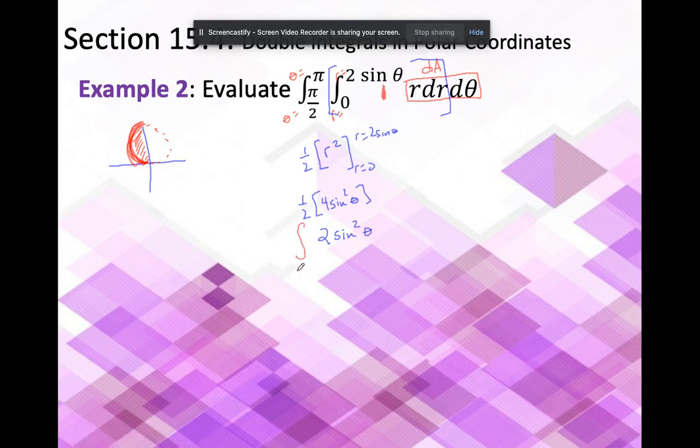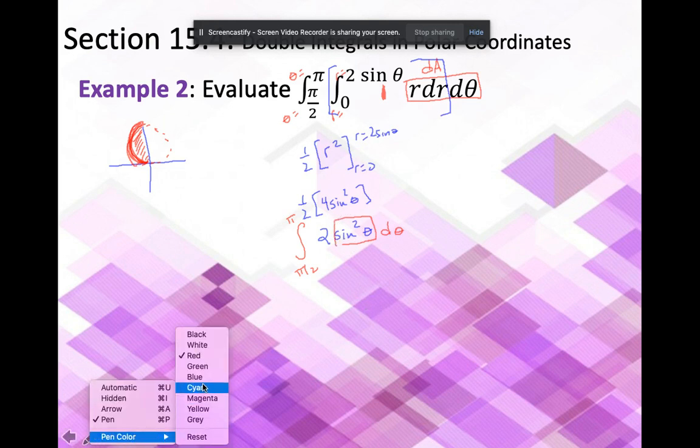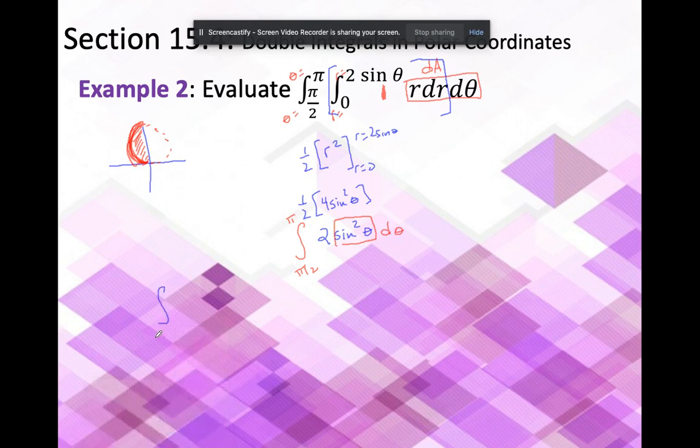But now I'm going to do the outside integral. I've got to use my identity again. So I'm going to have 1/2, which is going to cancel with that 2. And I'm just going to have 1 minus cosine 2 theta d theta.